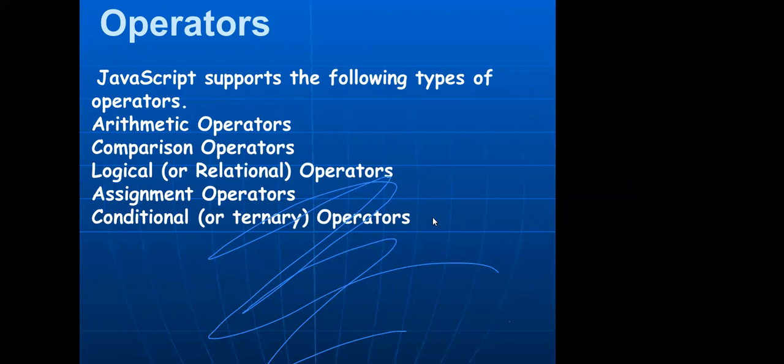Assignment operator, conditional operator, ternary operator. So A and B, and before that we put a not, so that we can use the ternary operator. I hope you have some knowledge of these operators from C and C++ or Java. Many students are preparing Java, sir. Jobs are good in Java, no? So if you are preparing Java, you have a book, you can refer to that. It will not be different from here.